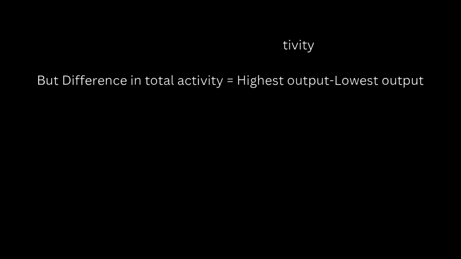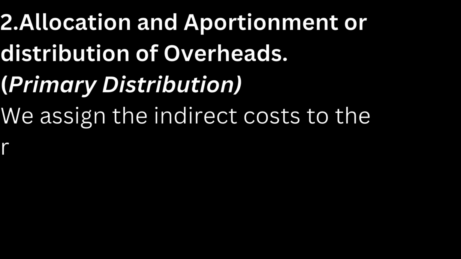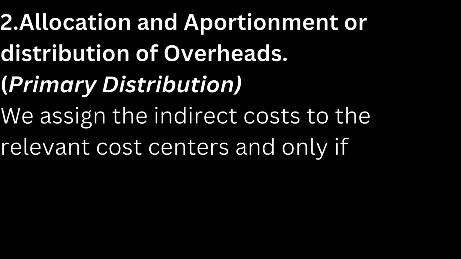The second stage is allocation and apportionment of overheads, which is the same as primary distribution. Remember I said it's also known as primary distribution.